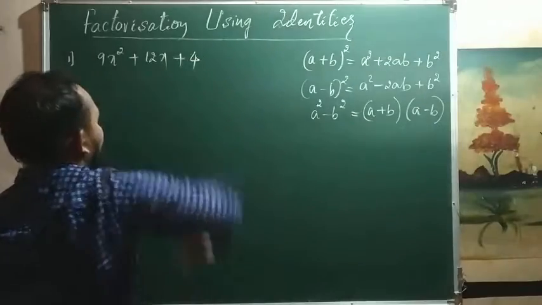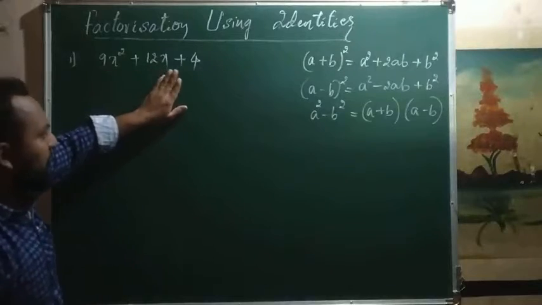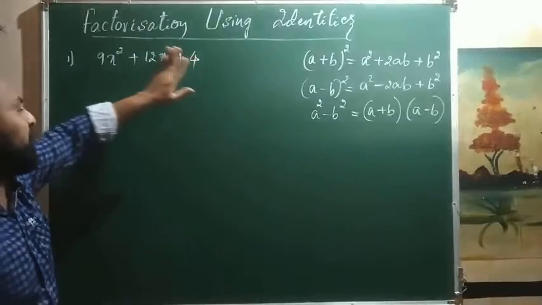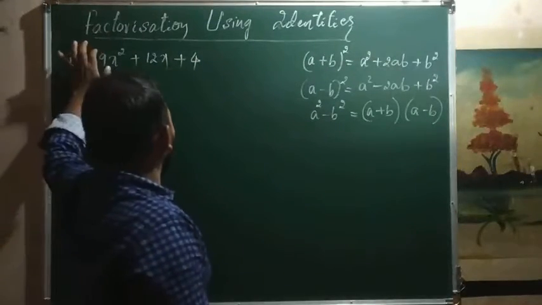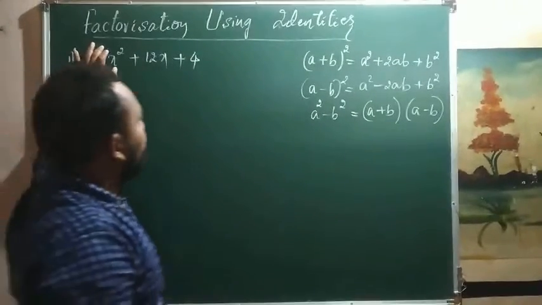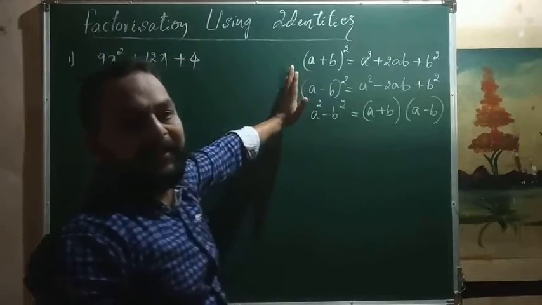Take a 4. 9x square plus 12x plus 4, and this is a trinomial. Now factorize this trinomial expression by using identities.